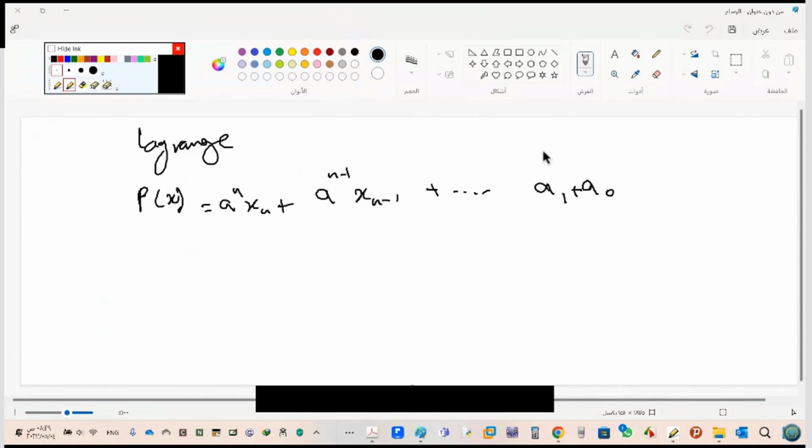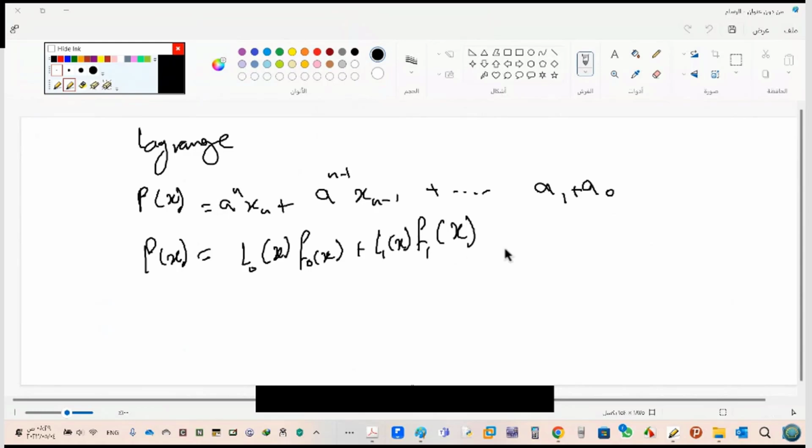And so on. And we said that P(x) we can write as L0(x) f0(x) plus L1(x) f1(x), and so on. And we defined L0 and L1, and f0, f1 in the previous week.